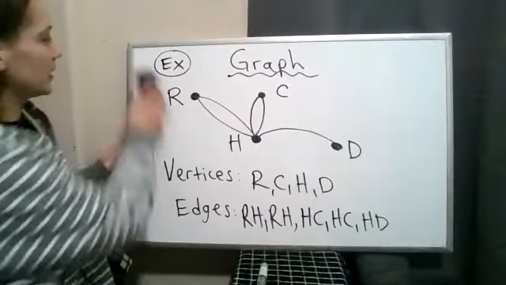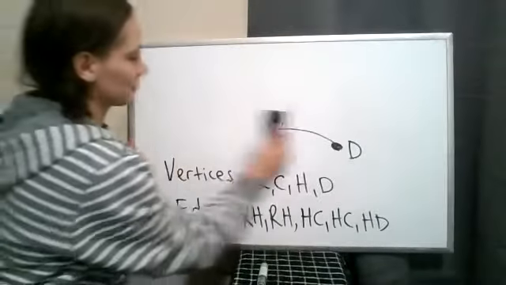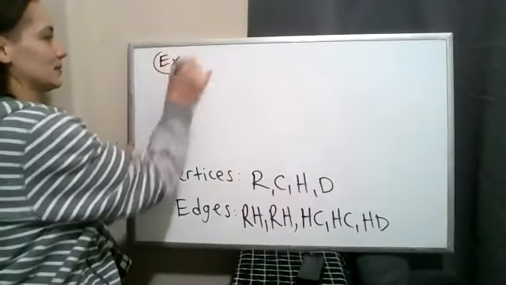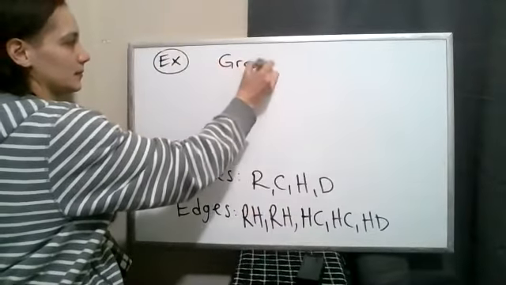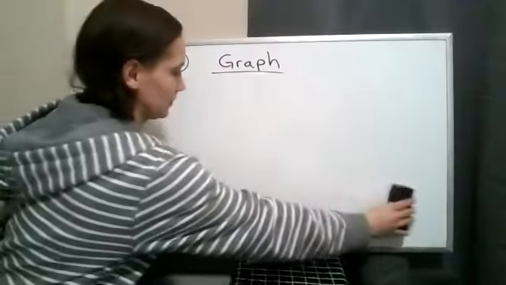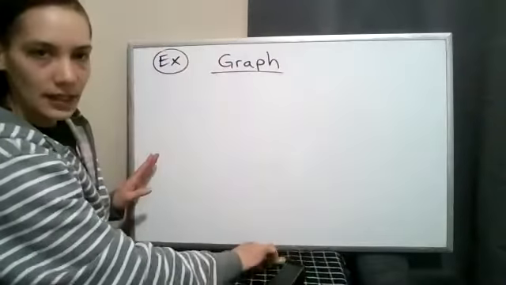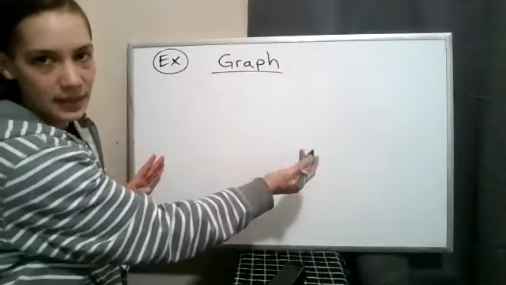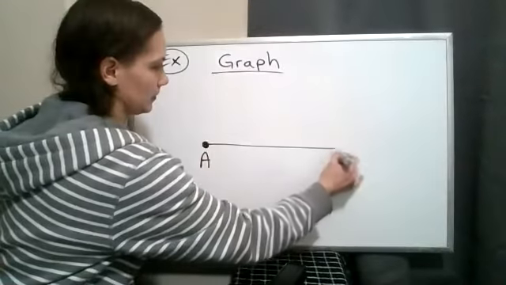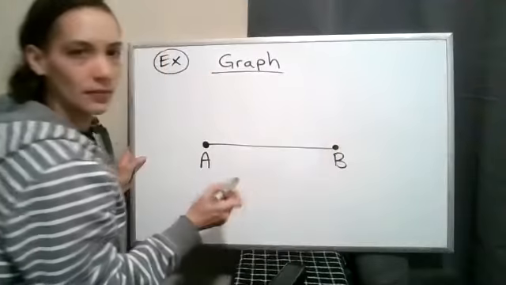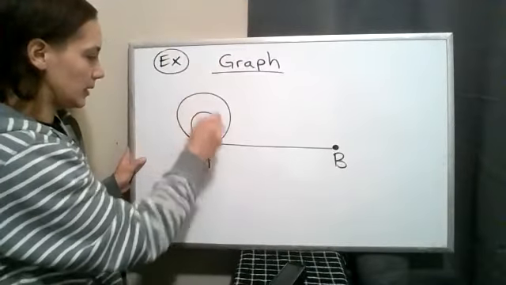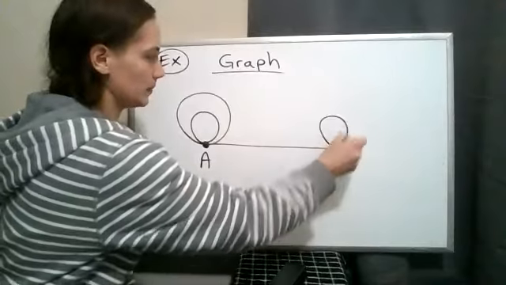Next one. It goes from A to B. And we'll have a loop, and inside is a loop, and up here is a loop.